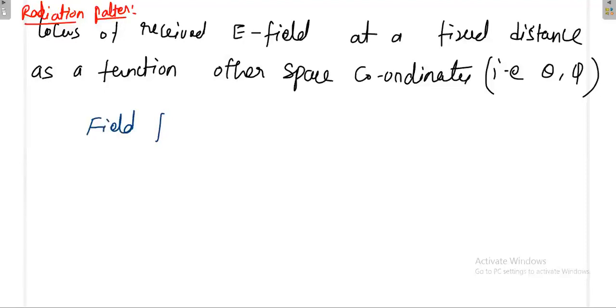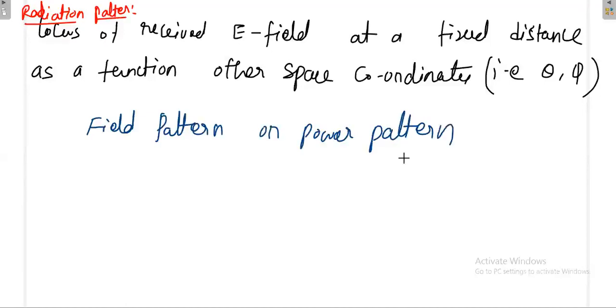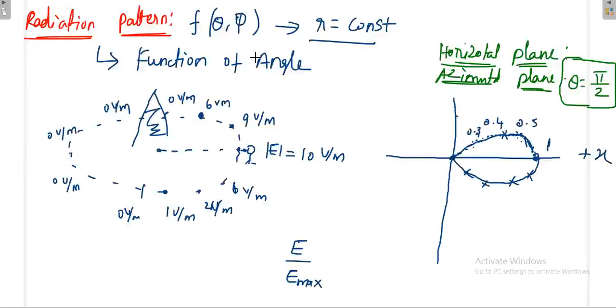Sometimes you can draw it for power also: how much power you are receiving. That time we call it a power pattern. So whenever you see the radiation pattern, it is always a function of theta comma phi, because r is constant.